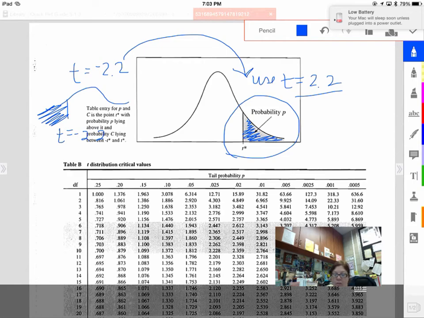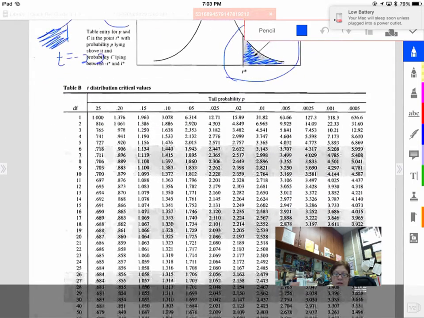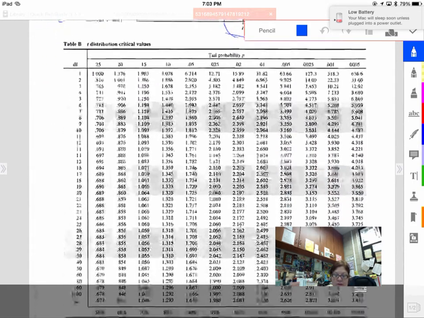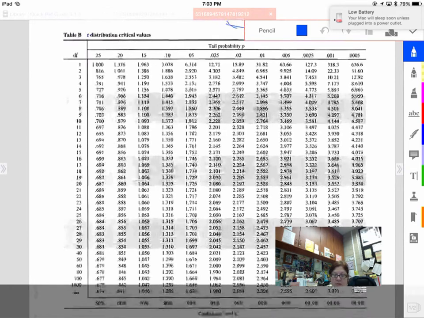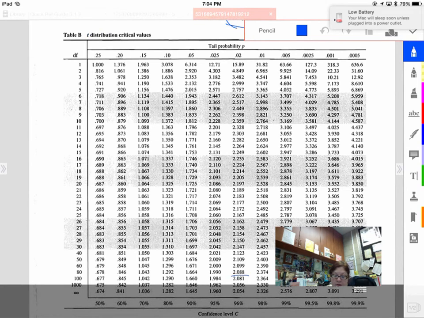All right, so now I'm looking at row 100 and I'm checking to see where I have 2.2. So as I read across, what I notice is that it would fall in between these two values. 2.2 would live in between there. And then I'm going to read up, and this is going to tell me the area to the right.